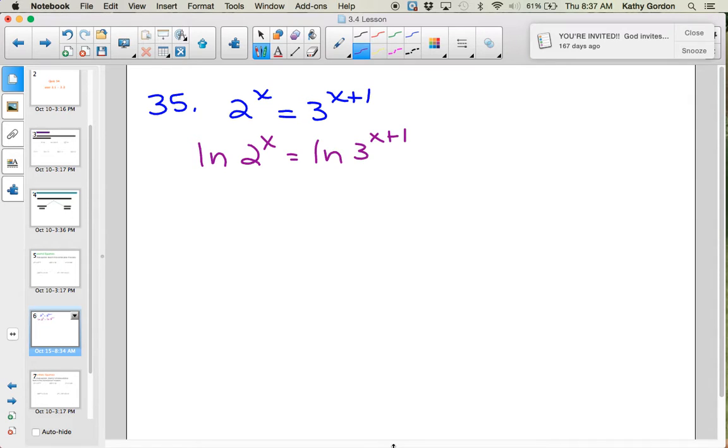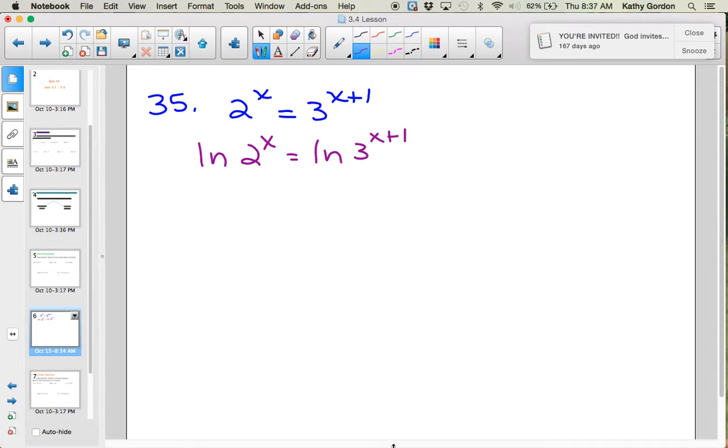Okay, so why does that help? Even though I didn't match up bases, why does that still help me? You can multiply the exponents in the front. Yeah, so now I can go to the property that says when I have natural log of something being taken to an exponent, I can rewrite it as the exponent down in front being multiplied by that log.